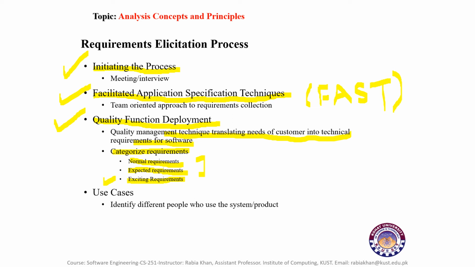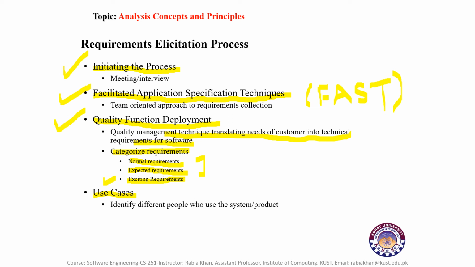The last set of activity within the requirements elicitation process is the use cases. As requirements are collected as part of the formal meetings, FAST or quality function deployment techniques, the software engineer or the analyst can now create a set of scenarios that identify a thread of use for the system that is going to be constructed.